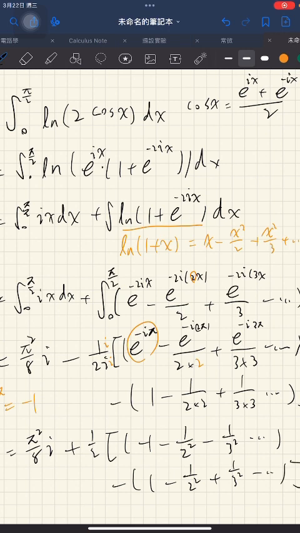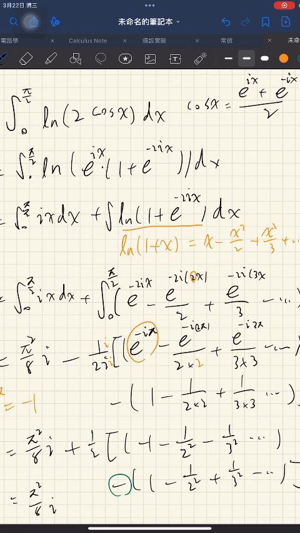And something interesting has happened. Some terms can be cancelled out by this minus sign. So we will get pi squared over 8i.